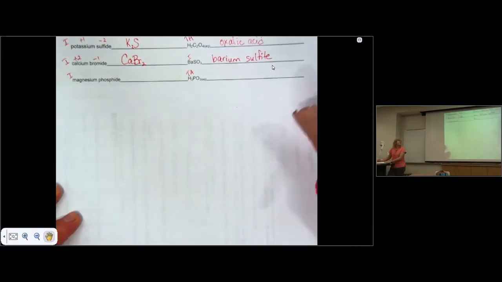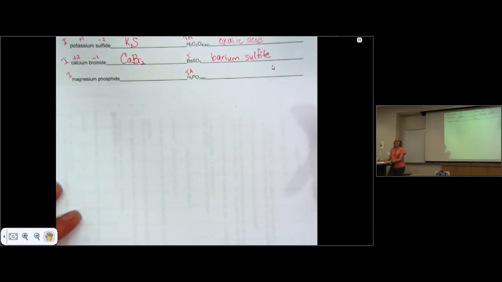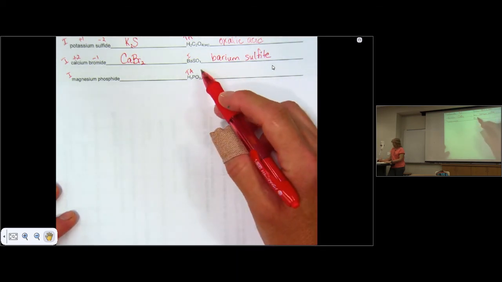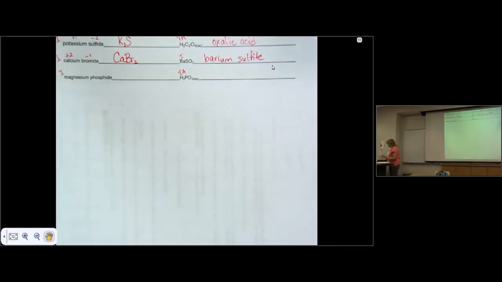All right, magnesium phosphide. Go ahead. How come you don't change those to ide? You change the ending. Go back to your periodic table that has charges on it. I'm not being mean, I just want you to remember it. You got it handy? Do you have charges on there?